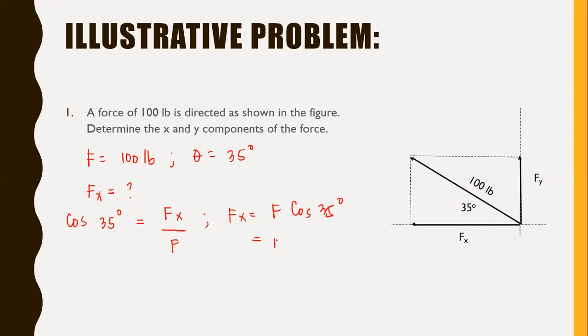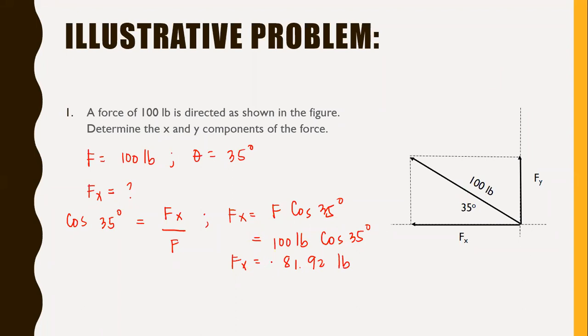Substitute F as 100 pounds, multiplied by cosine 35 degrees. We have Fx equal to 81.92 pounds.